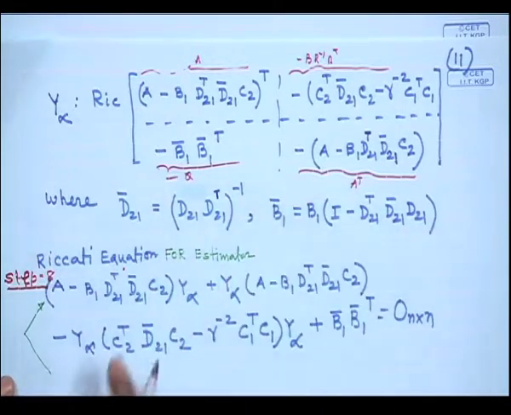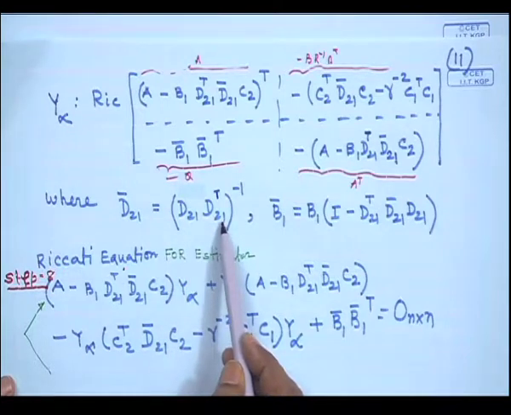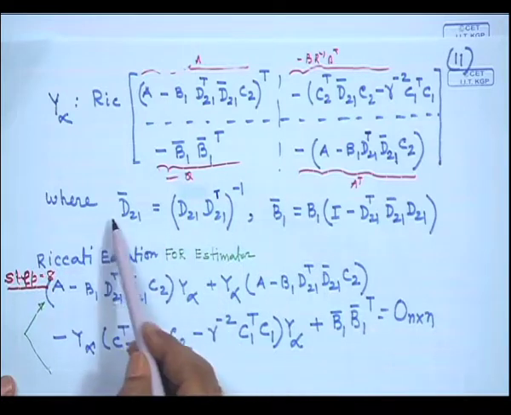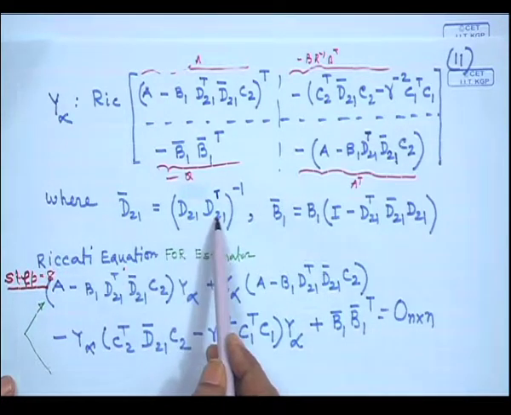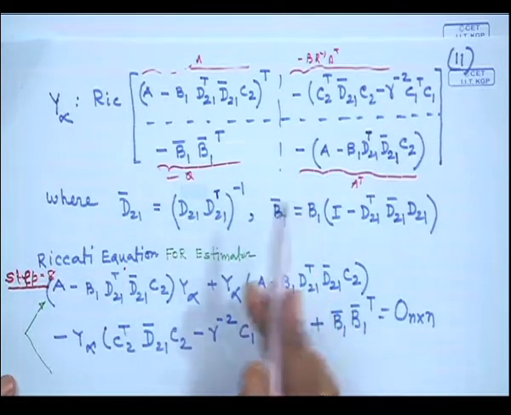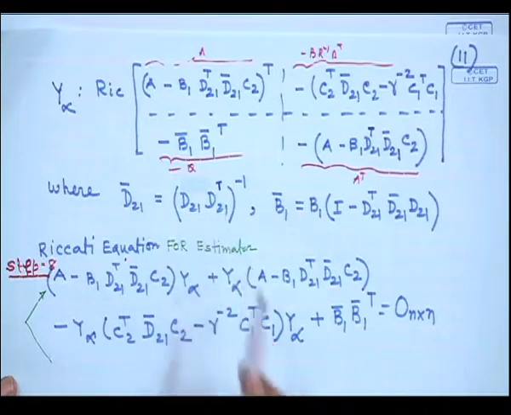So, you can write it, and our D21 is what? That one, and B1 bar is expressed by this one. So, D21 bar, if D21 has a special structure, then this quantity will be identity. Even though it is not a special structure, one can compute it by knowing D21.